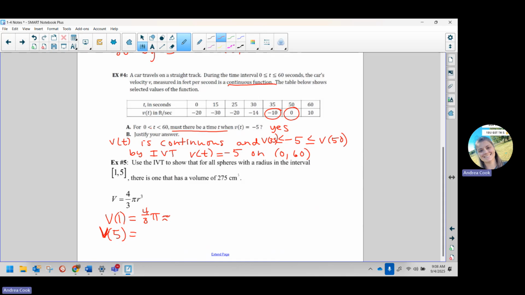Can somebody have a calculator handy? I have it as a decimal. It's 4.1888.